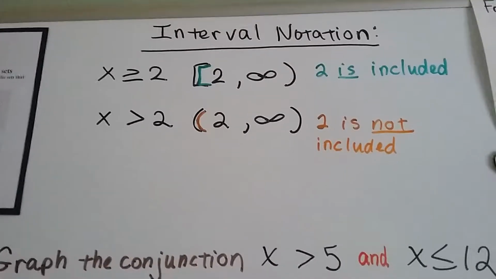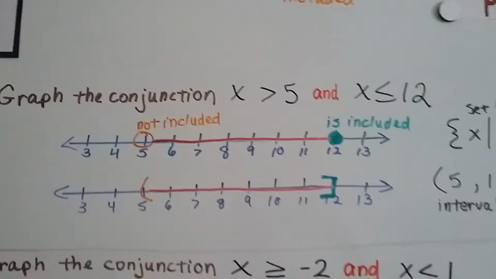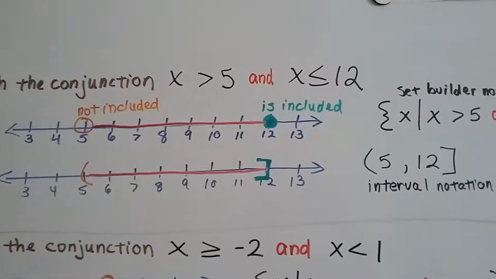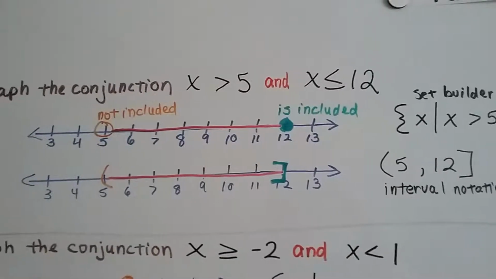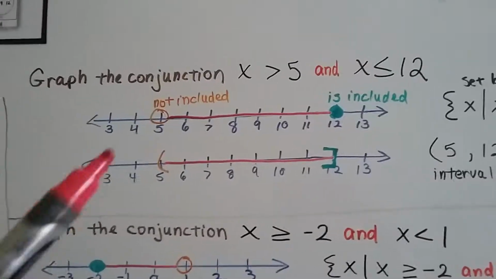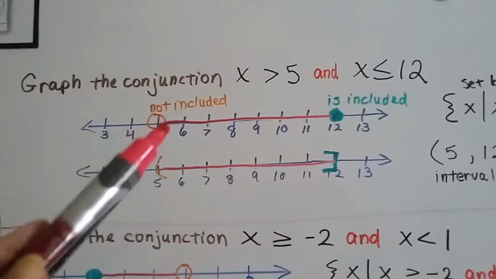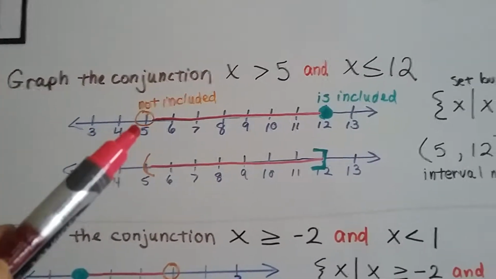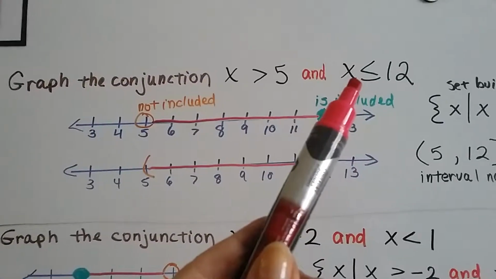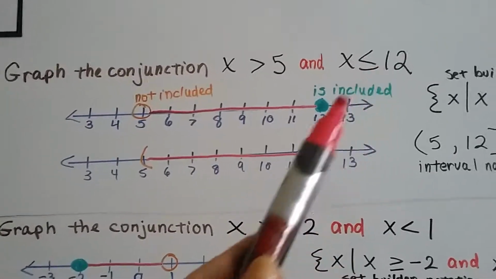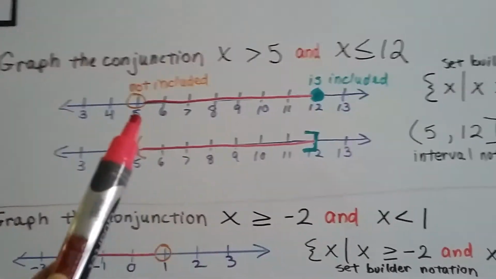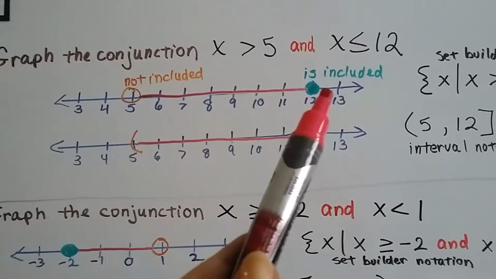It's not included, see? It says to graph the conjunction x is greater than 5 and x is less than or equal to 12. So if it's greater than 5, then 5 is not included. So we put a circle to show it's not included, and it's less than or equal to 12, so the 12 is included. We put a dot on the 12, and we draw our line in the middle to show that that's the solution.